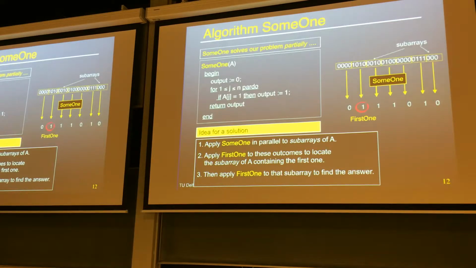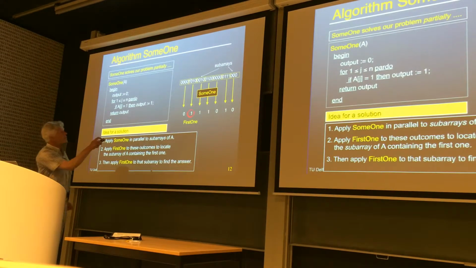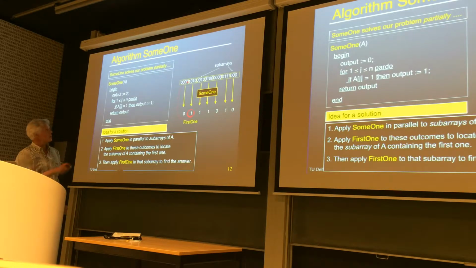So first 1 will indicate you will find your first 1 in subarray 2. Now you can concentrate completely on subarray 2 to apply first 1 to exactly find the first 1 in that subarray. So here you find the first 1.